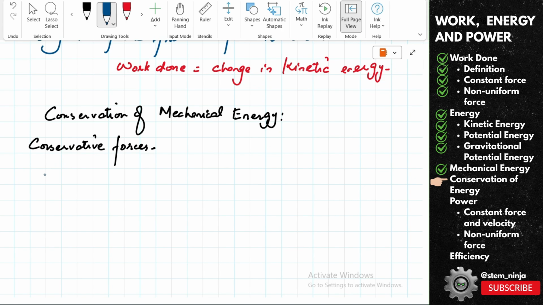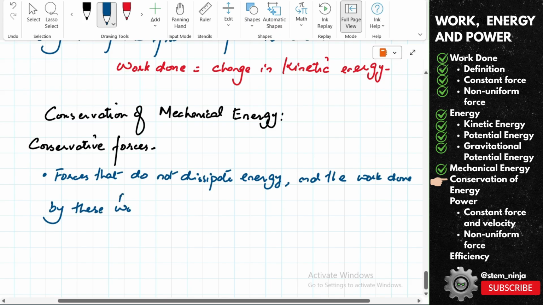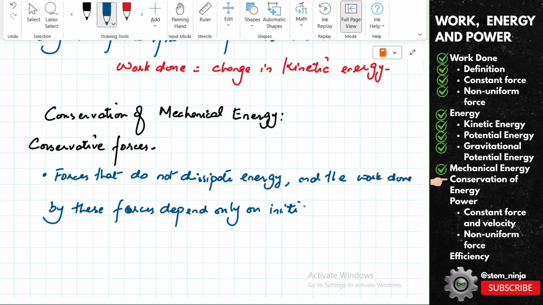As the name suggests, forces that do not dissipate energy, and the work done by these forces depends only on the initial and final positions of the object.